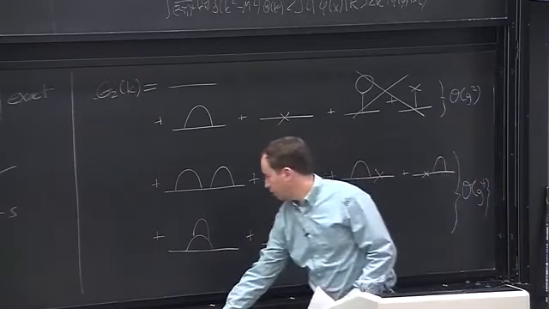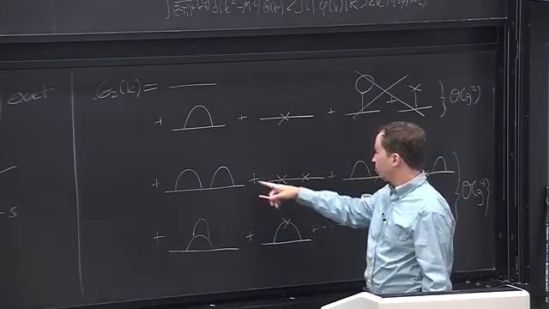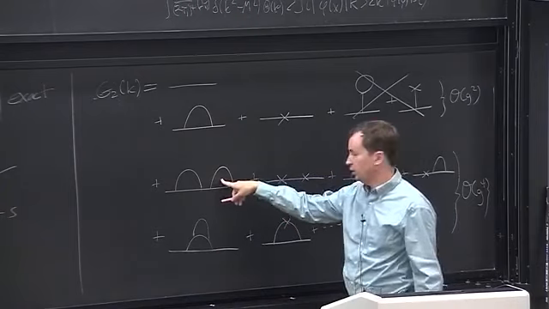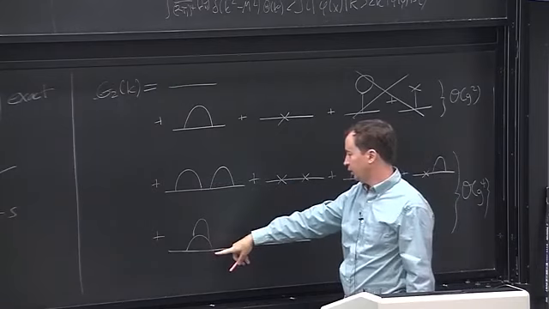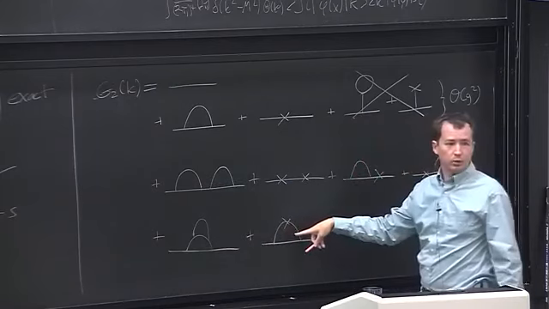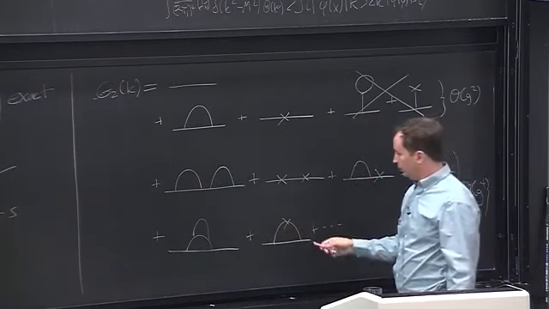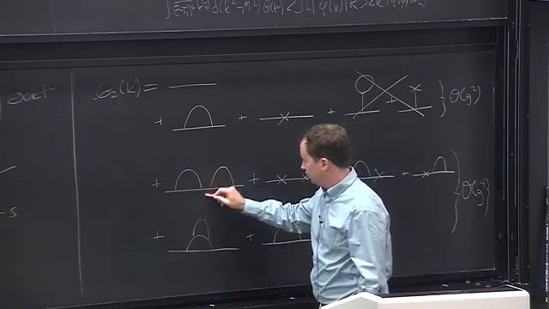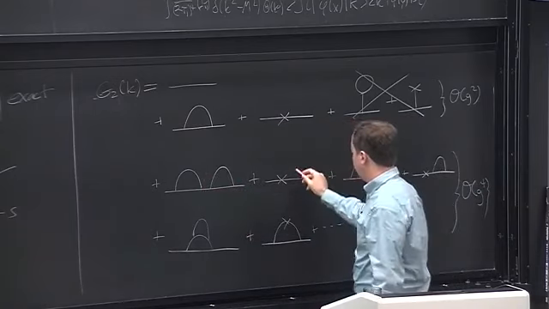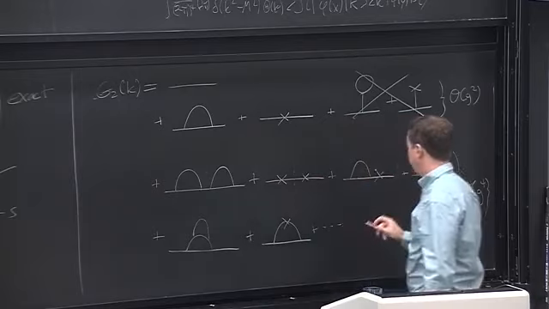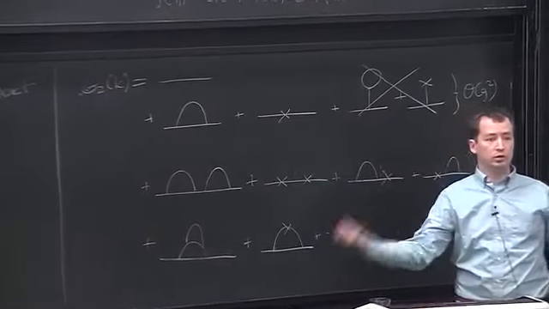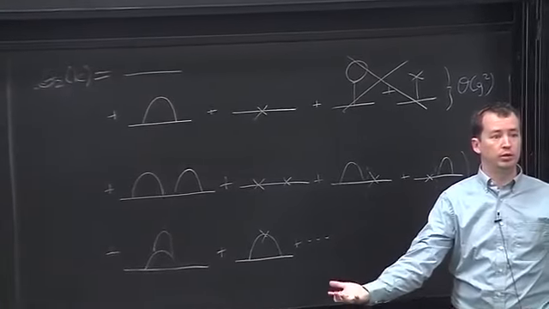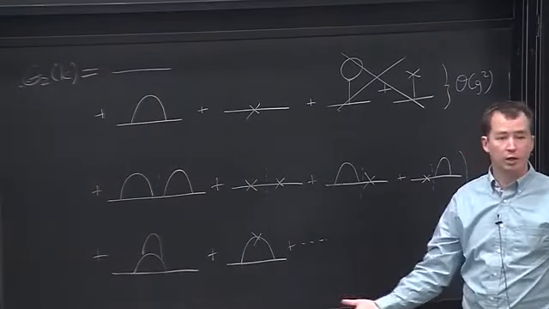The key property that distinguishes these uninteresting diagrams at g to the fourth from these interesting ones is that I can cut this diagram, or this diagram, or this diagram, and it falls into two separate diagrams.